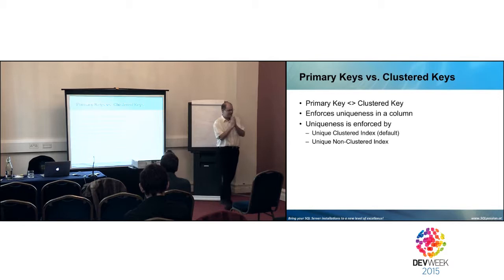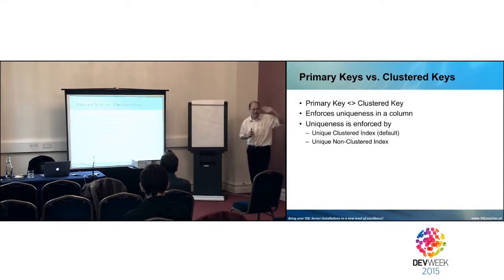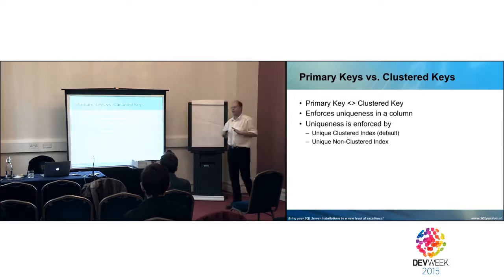We just tell SQL Server with the primary key constraint that we want to enforce uniqueness in a specific column. Nothing more. And SQL Server by default enforces that uniqueness with the creation of a unique clustered index in the background. Means every time when we specify our primary key constraint, SQL Server creates in the background a unique clustered index for us. Nothing more.